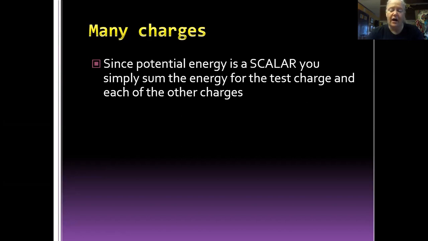If I've got all these different charges, I just sum up the pairs, because the energy between 1 and 2 is the same as between 2 and 1, so I don't need to add a second term for that. Then I total up all those terms. Some of them will be positive, some negative, no big deal. That gives me my total energy. So very straightforward, much easier than doing force, where I had to do vector components.